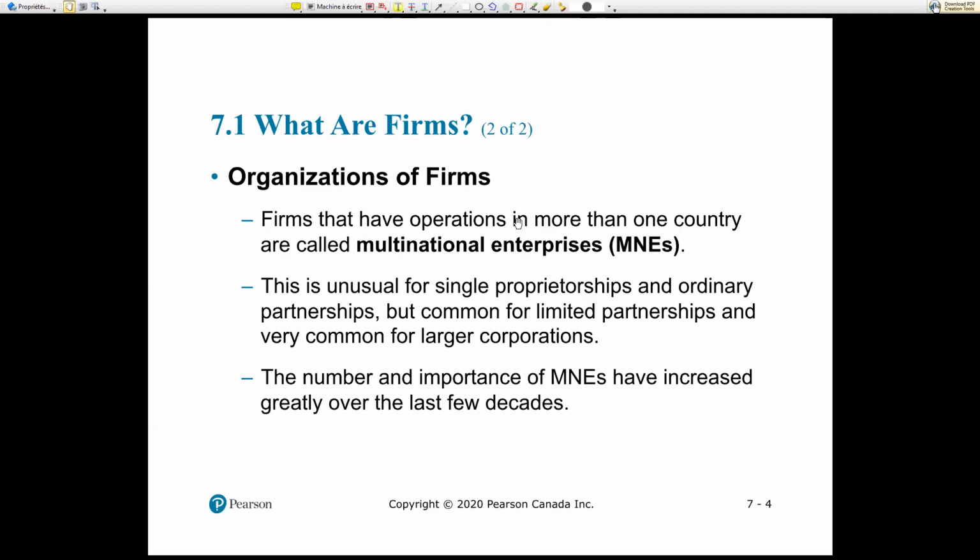And we have trade theory that relies on the fact that the larger firms are the ones that export. They have increased greatly in the last decade. It's part of the global trend of globalization. Even though there is some pressure from some countries like the US to restrict trade, the tendency still is more and more global.